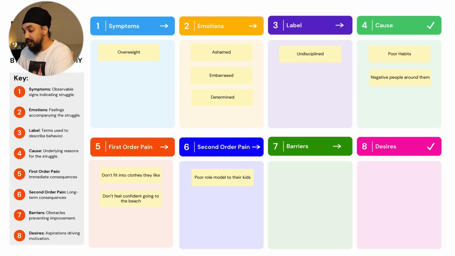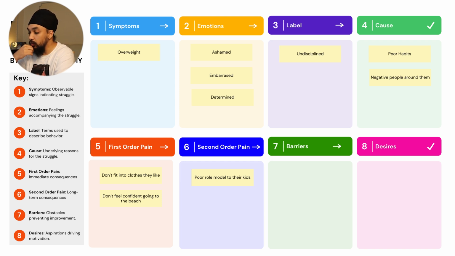The next thing that we're going to look into is the barriers. Okay, so let's say you're going through this process. Someone's telling you the symptoms, emotions, all the way up until the second order pains. At this point, you want to figure out, okay, what is it that's stopping you from getting to that next level?